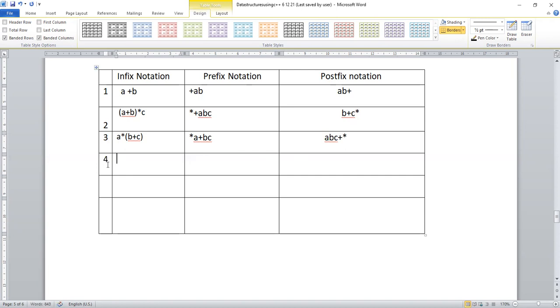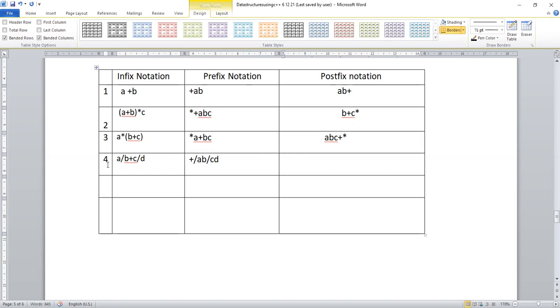Fourth one: a by b plus c by d can be written as plus slash AB slash CD.